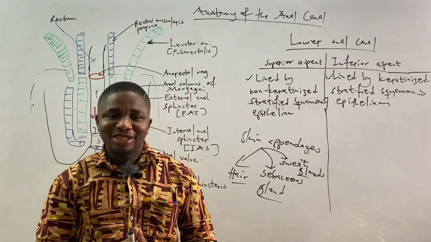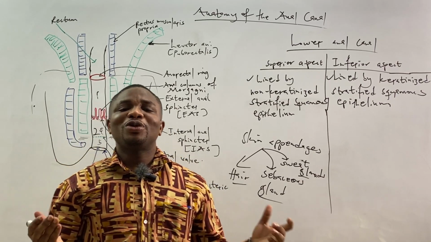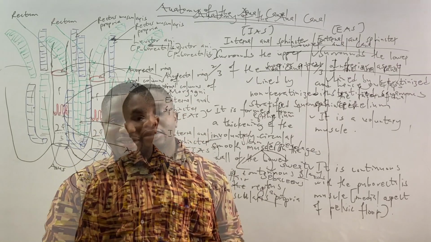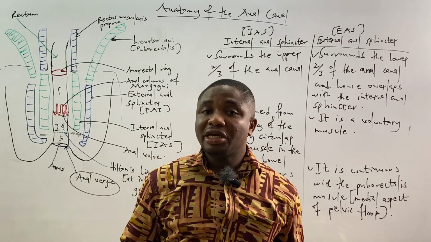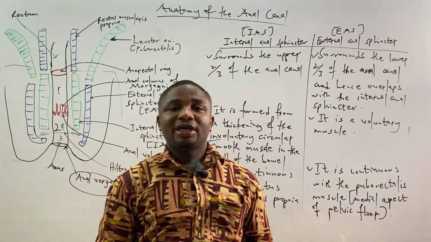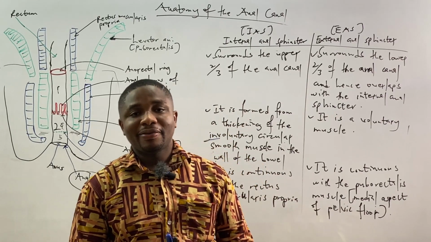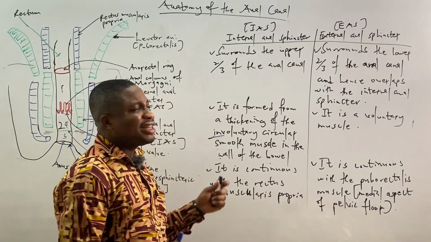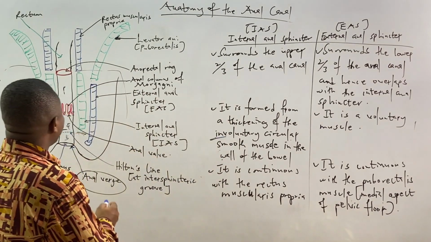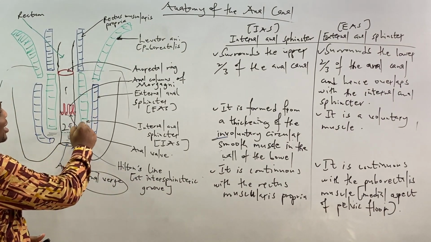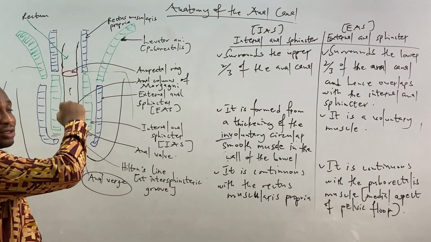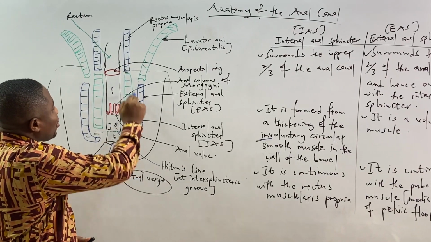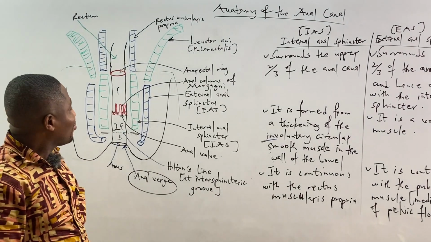Okay, let's move on. Now the next thing we want to talk about is the anal sphincters. So talking about the anal sphincter complex, we are looking at the internal anal sphincter and the external anal sphincter. Now, if you take the internal anal sphincter, you will notice that the internal anal sphincter surrounds the upper two-thirds of the anal canal.